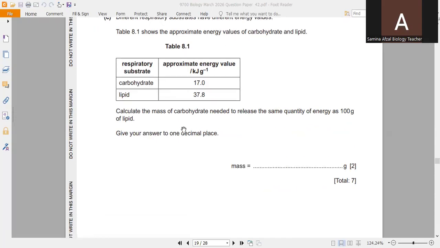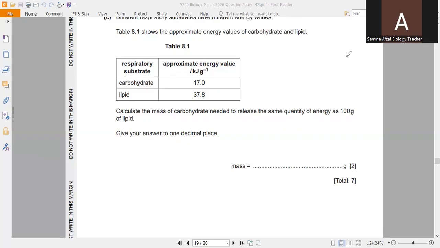Students, here they have given us the value of carbohydrate as 17 kilojoules per gram and lipid as 37.8. Calculate the mass of carbohydrate needed to release the same quantity of energy as 100 gram of lipid.